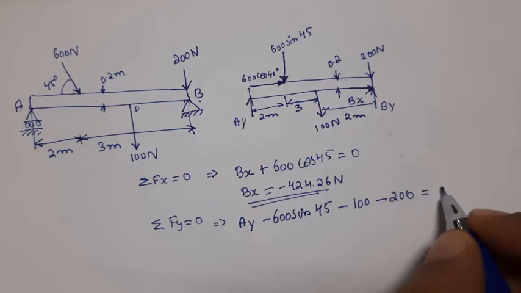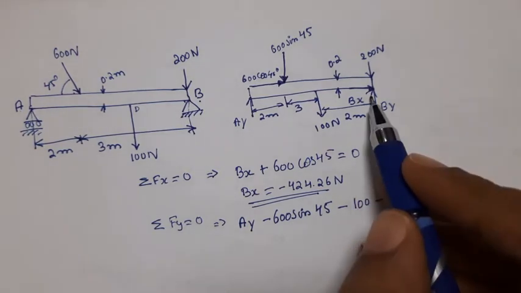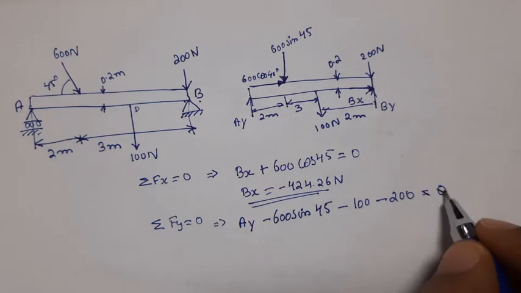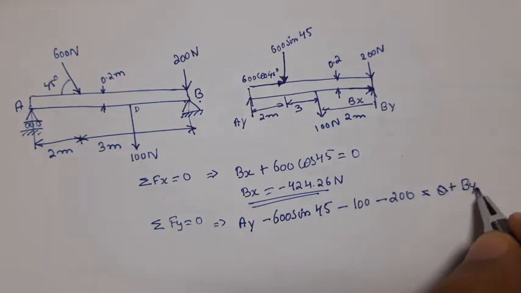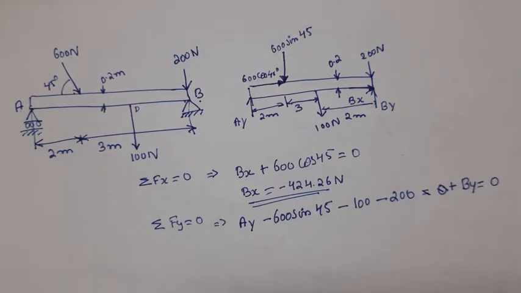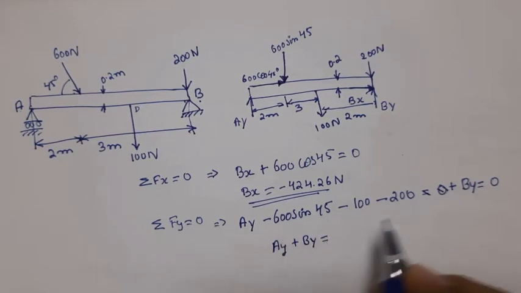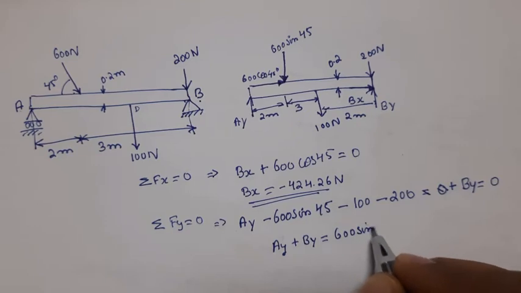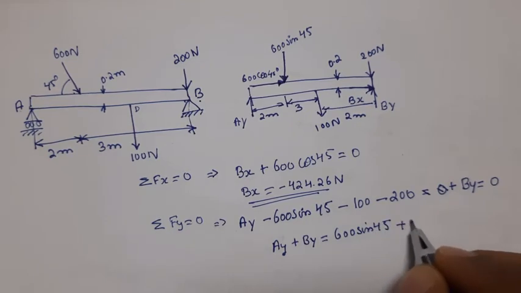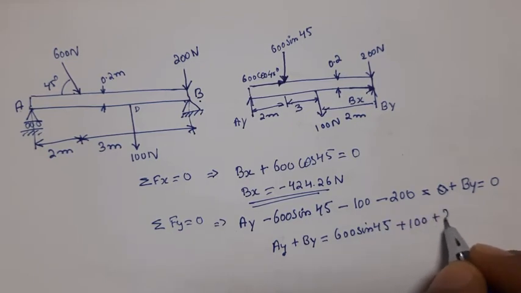Oh sorry, there's one more force, that is By, so plus By is equal to 0. So you can write this as Ay plus By is equal to, putting all these forces on the other side, 600 sine 45 plus 100 plus 200.